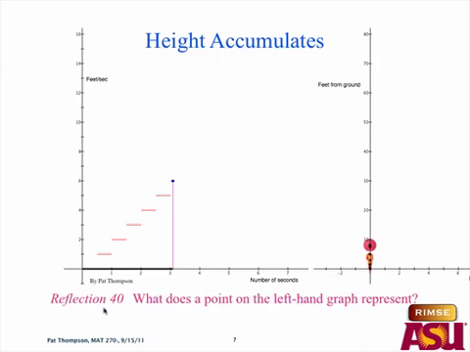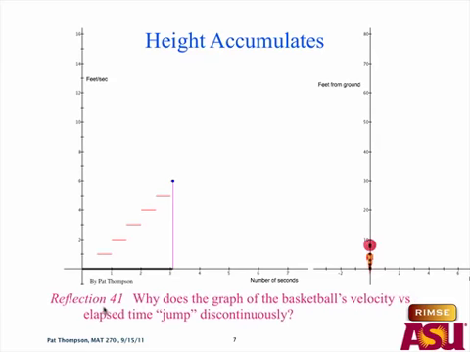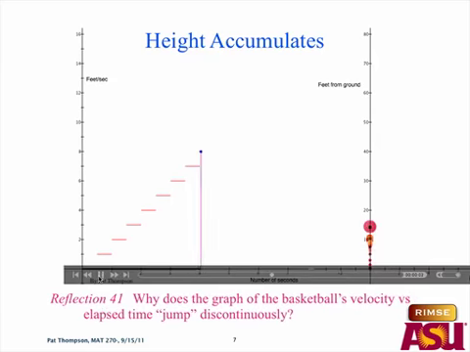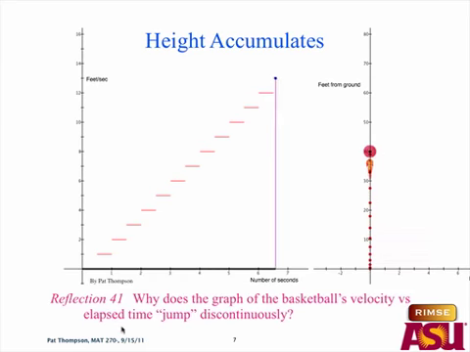What does a point on the left-hand graph represent? Depending on what time has elapsed, is how fast the ball's moving. Okay, it's a combination. So this point right here represents that at that time, we have that certain speed. Why does the graph of the basketball's velocity versus elapsed time jump discontinuously?